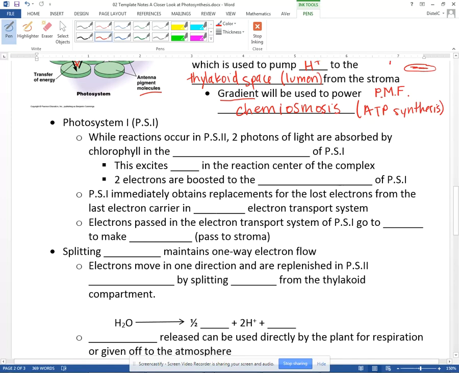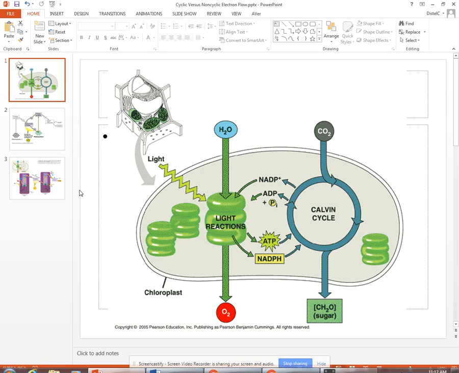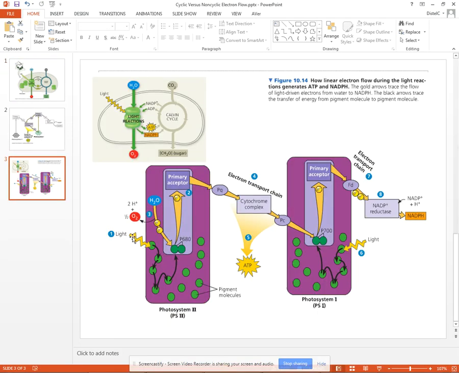So what we just talked about, if I go back to this picture here, is light comes in to photosystem 2, energy moves around, and we focus that energy into the receiver. And so water is going to donate electrons to this location. When water is split, oxygen is released.